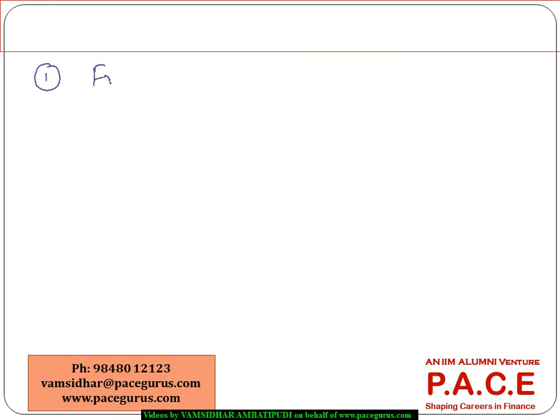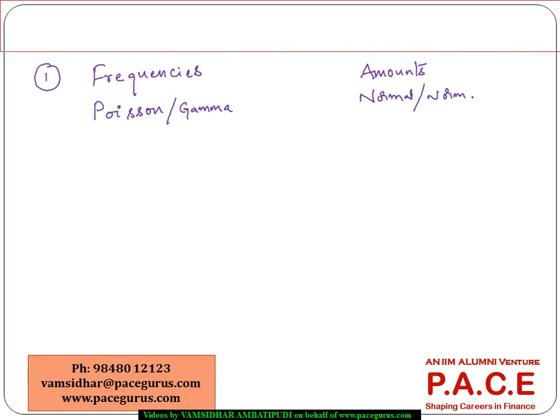One, typically for modeling the frequencies, where we'll talk about the Poisson-gamma model, and two, we will look at modeling the claim amounts, wherein generally a normal model is used.